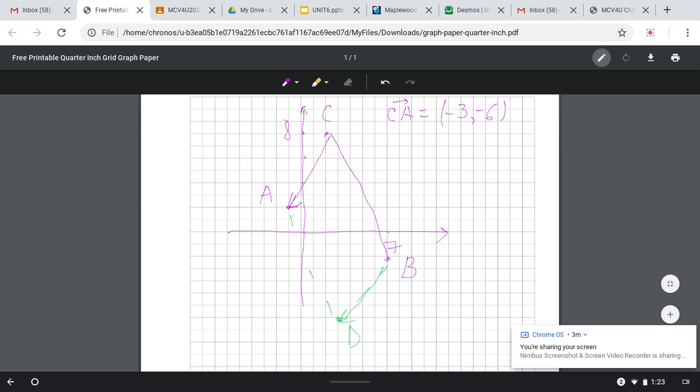So since the vector BD is equivalent to the vector CA, then BD vector has got exactly the same components. So BD equals -3, -6.